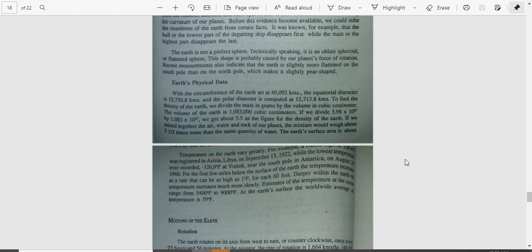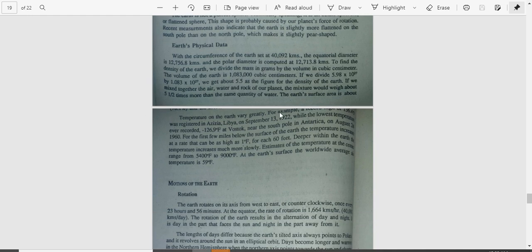The Earth's surface area is about, okay, sa next page, medyo perfect mag-picture si sir nyo. So skip na lang na. Importante for our physical data is the circumference, then the equatorial diameter, roughly around 12,800, then 12,700.